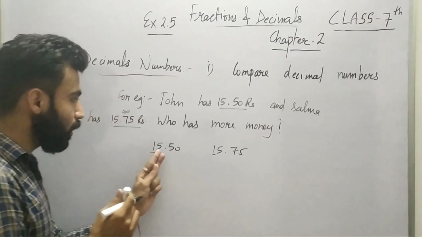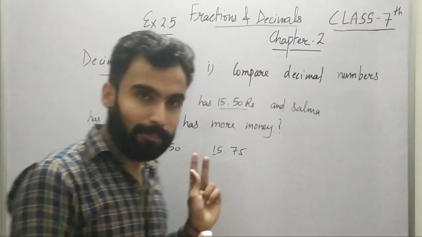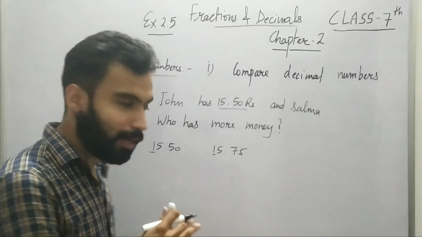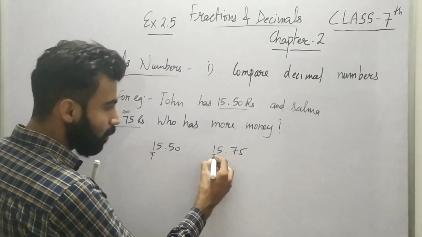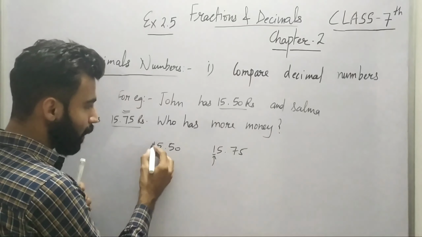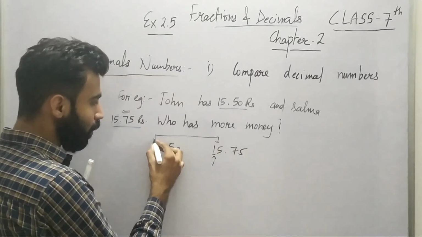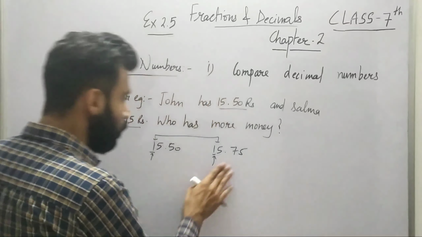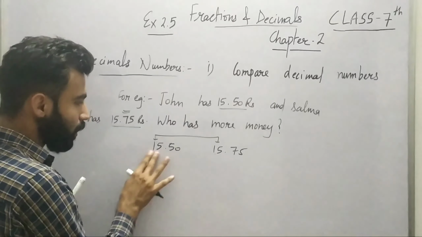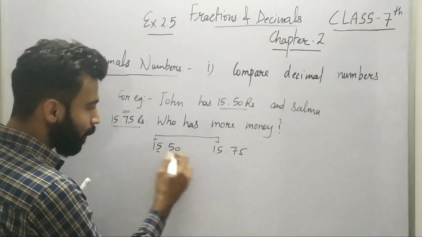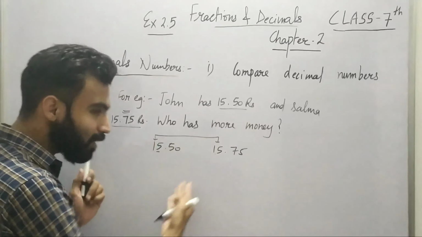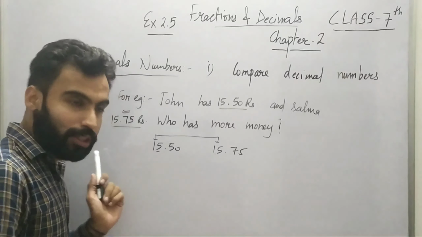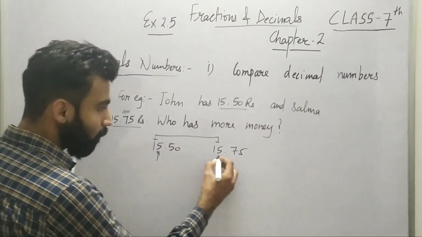Starting with the leftmost digit first, the digits on the left side are compared first. Here I have taken the last digit on the left side, and you will see both are the same. That means we can't decide on these; they are equal values. So let's move further to the next digit, which is 5 here.